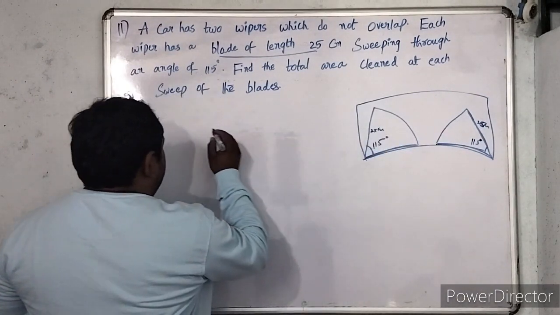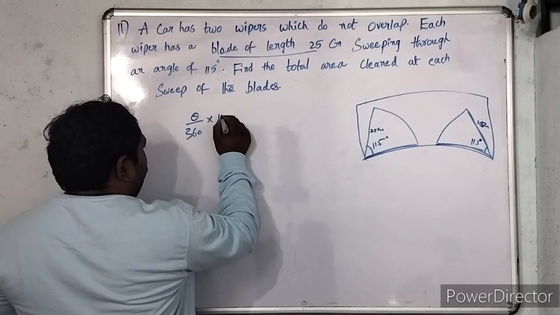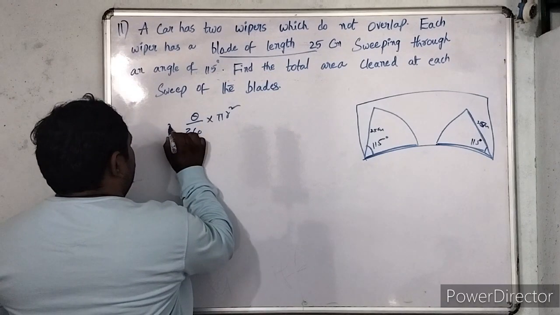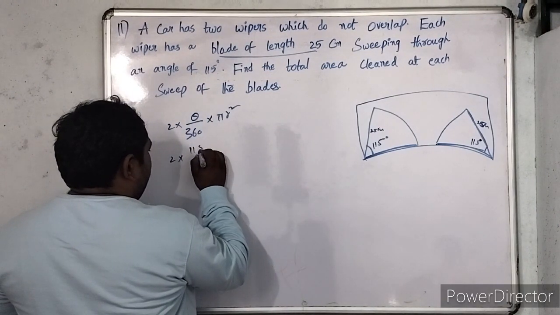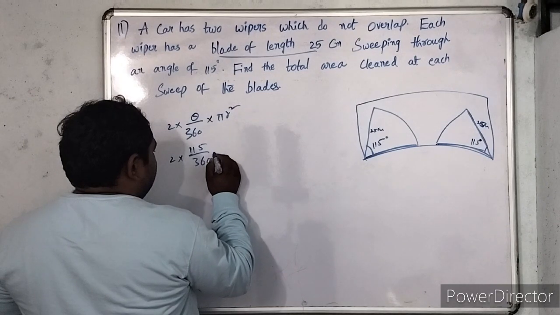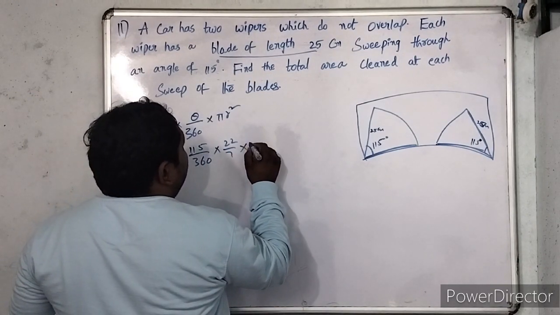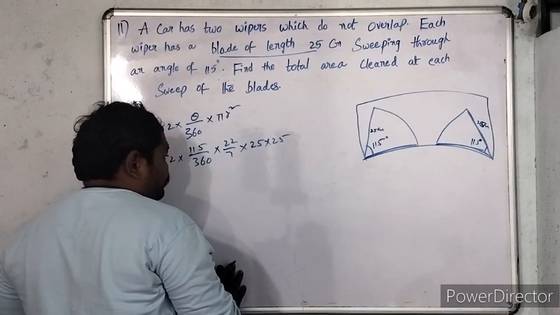These two are sectors. What is the area of the sector? Theta by 360 into pi r square. How many sectors are there? We have two sectors. 2 into angle 115 by 360 into pi, which stands for 22/7, into r square, which stands for the length of the blade, 25 into 25.